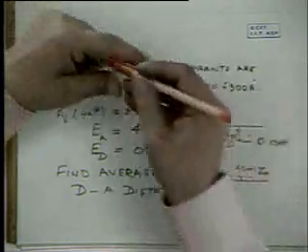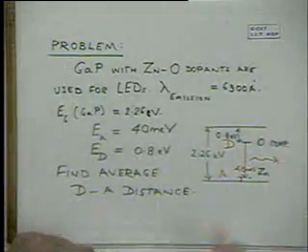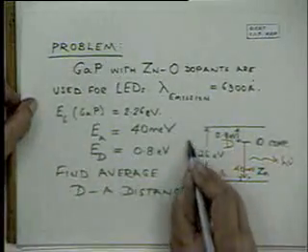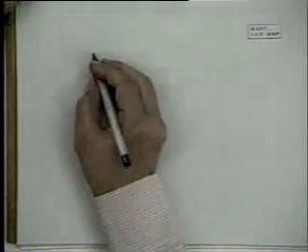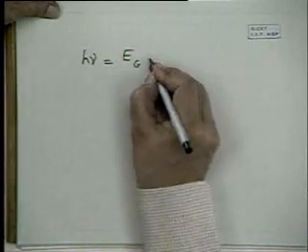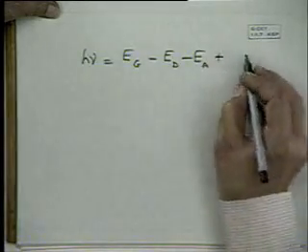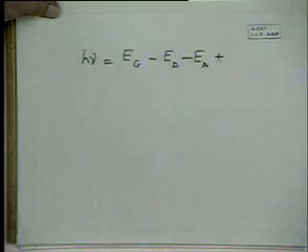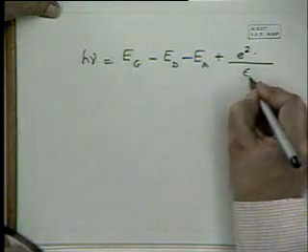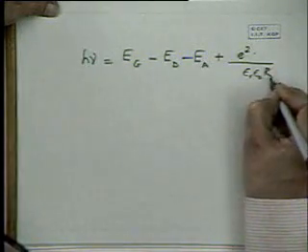So emission is taking place, it's a donor acceptor transition which is giving rise to h nu, and we know that h nu is equal to Eg minus Ed minus Ea, plus the Coulomb attraction between the donor acceptor pair, which is notionally given by e squared by epsilon r epsilon 0 into whatever distance we want to find out, say r donor acceptor.